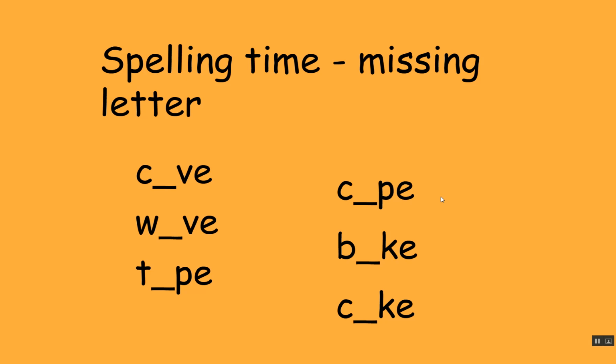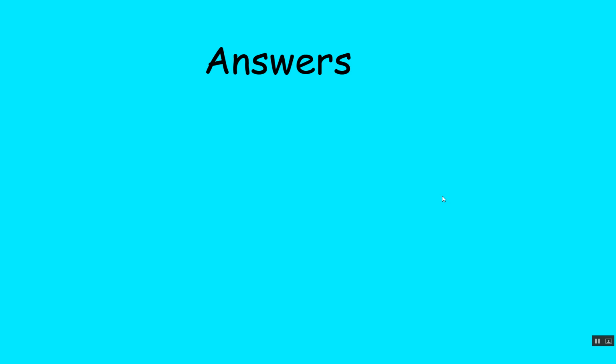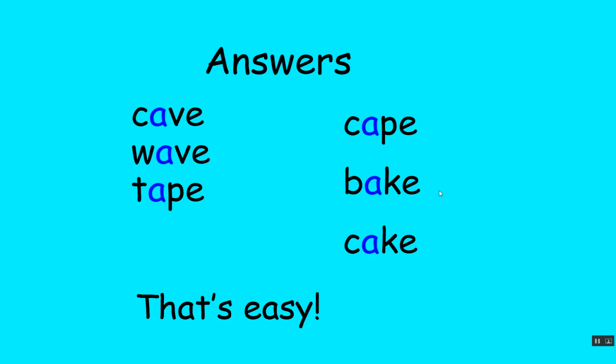It's only one missing letter, the same in every word. And it's what we've been learning in this video. The answers: cave, wave, tape, cape, bake and cake. So the letter A is missing. That's easy. All of them needed the A. Now it's your turn.